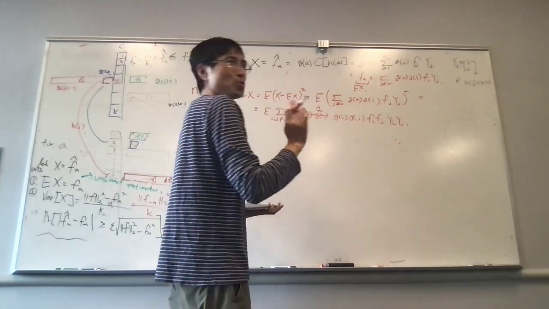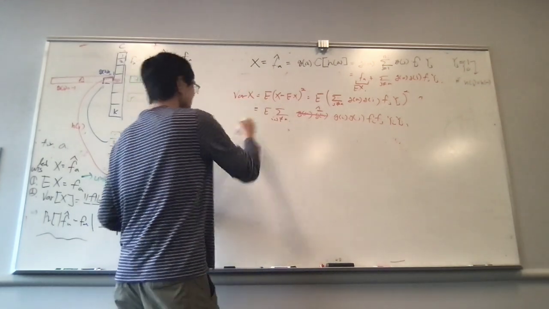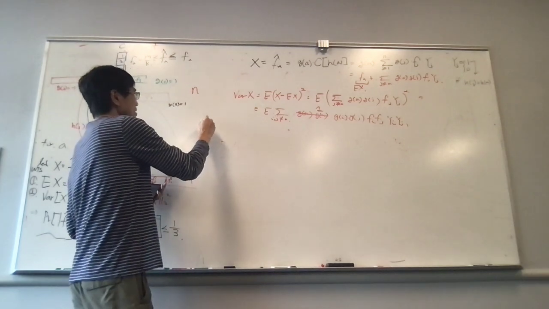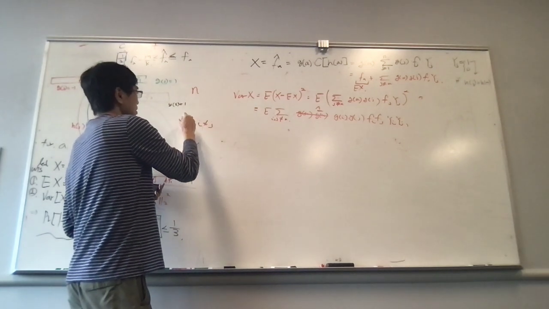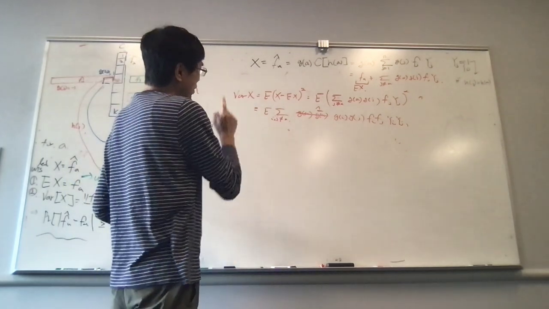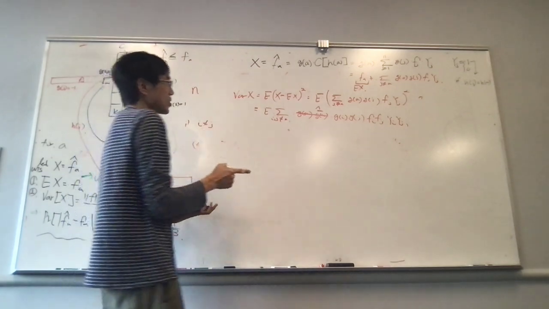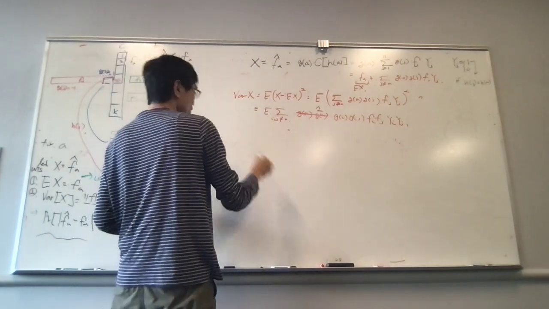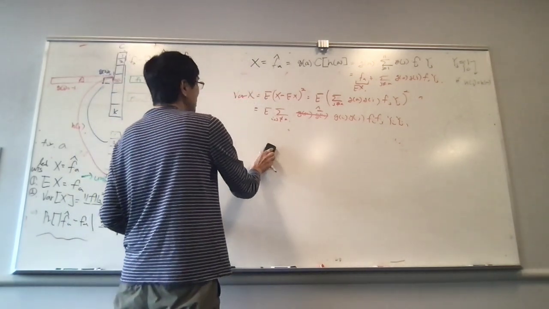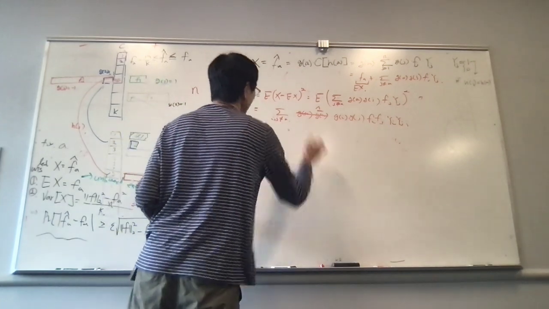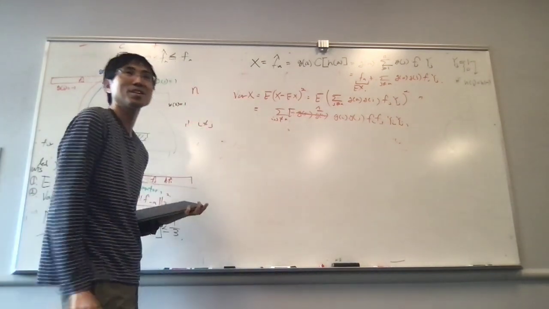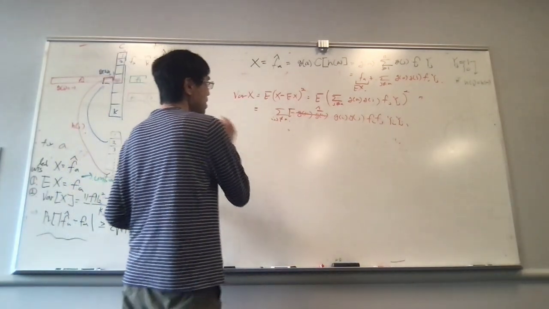Let's think about two cases here, since I need to construct every pair. Case 1 is when I is not equal to J. Oh, by the way, here, by using linearity of expectation, I can just move this expectation in.